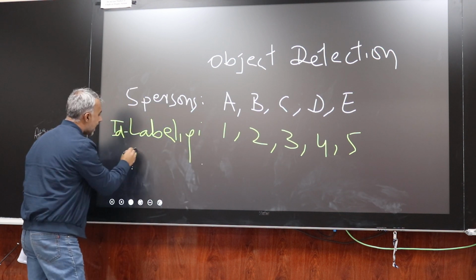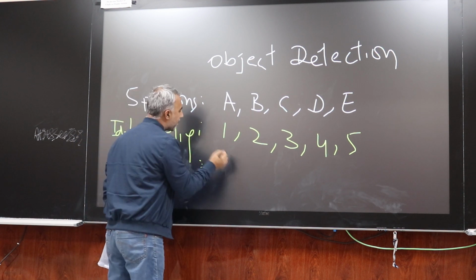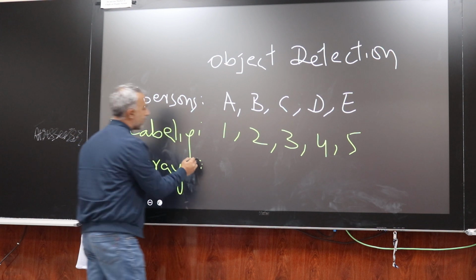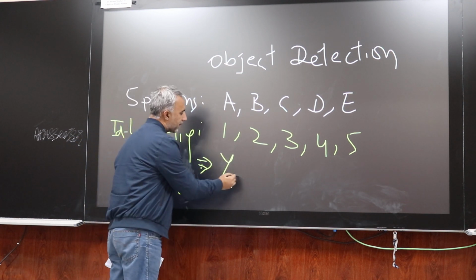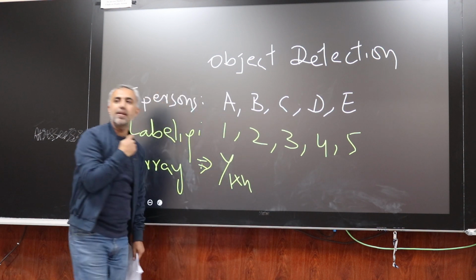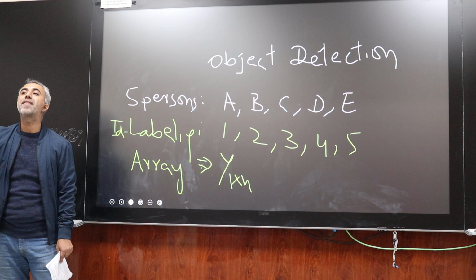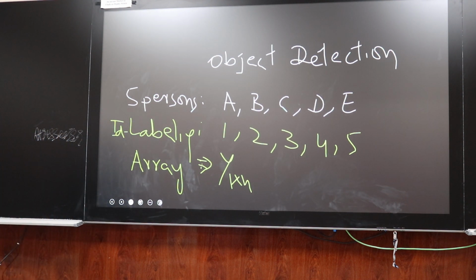In case of an array, you need to make some kind of a vector. This array represents one dimension, and it can have n numbers. It can be 5, where 5 represents n. If 100, then 100 represents n.